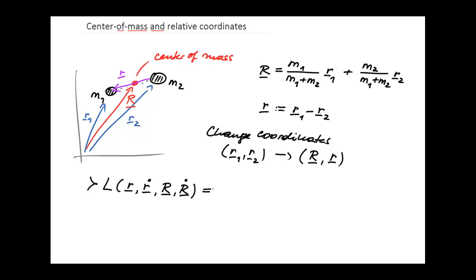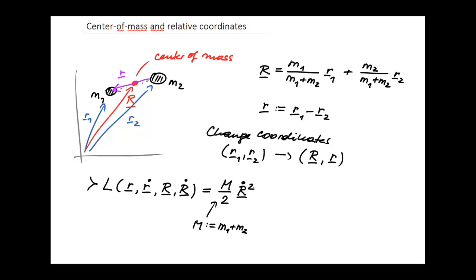It turns out this Lagrange function is the total mass over 2, where I have introduced a capital M for the total mass, m1 plus m2, times the velocity of the center of mass squared. So that looks like the kinetic energy, but now it's the kinetic energy of the entire system, or the kinetic energy of the center of mass.